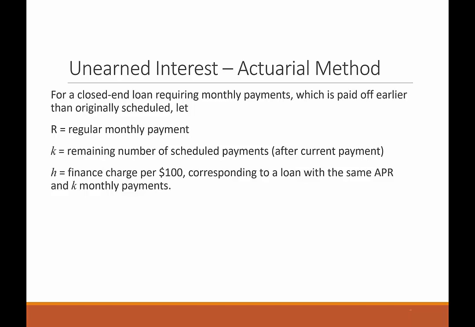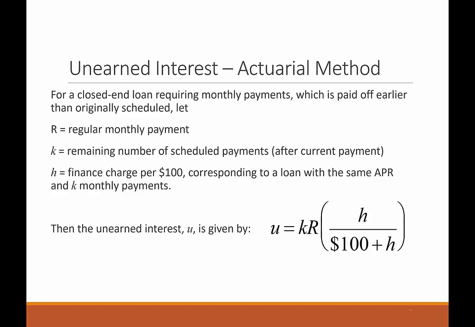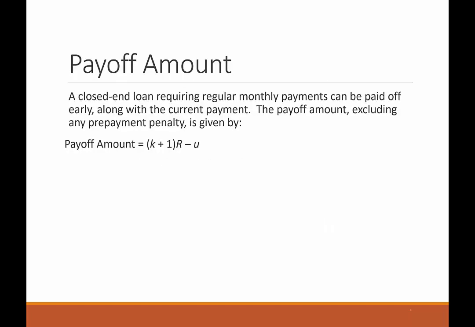So we're kind of using the same table, but using it backwards. Then the unearned interest U is given by U equals k times R, so the number of scheduled payments times the regular monthly payment, times H divided by 100 plus H. So it's like the finance charge per $100, and then that $100 plus the finance charge in the denominator.